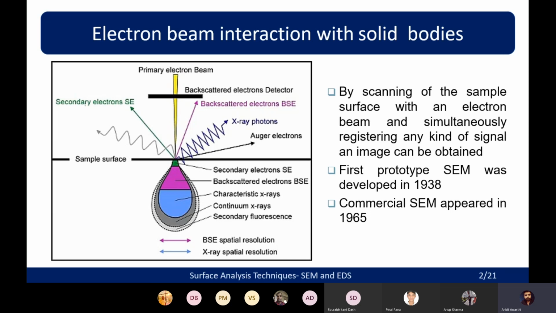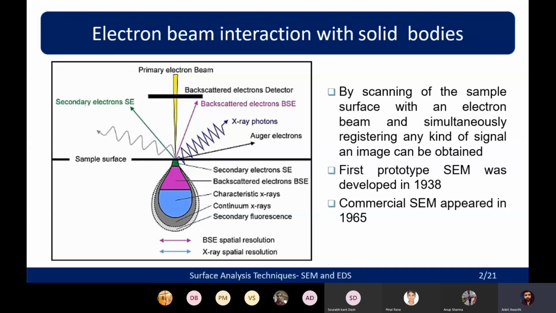So what happens if you hit the surface with the electron beam? You get some kind of signal. You get a backscattered signal, which are electrons from the primary beam that encountered a collision at the surface and are flying back from the surface. These are the backscattered electrons from the primary beam. You also get some secondary electrons, which are electrons belonging to the sample, which are knocked off their position by the primary beam.